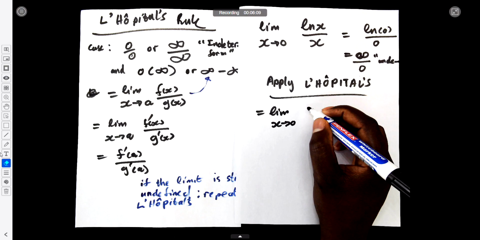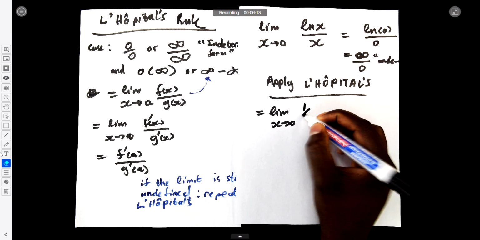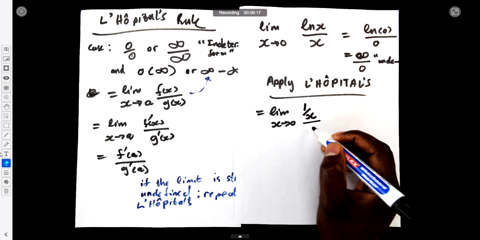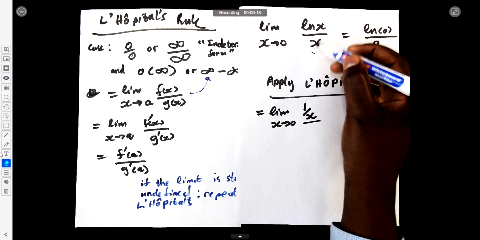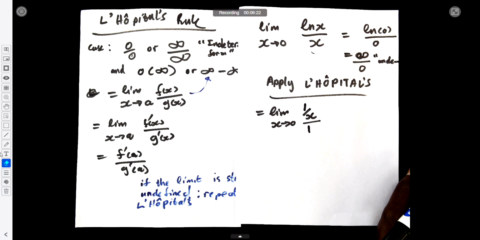What is the derivative of ln x? It's 1 over x. The derivative of x is 1, isn't it? So we differentiate numerator and denominator independently. That is L'Hopital's rule.